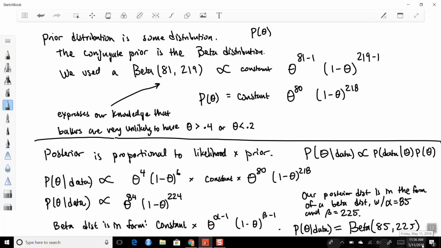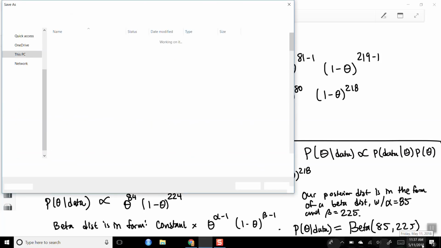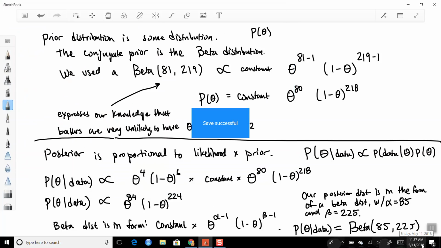Okay? And that will take care of any normalizing constant for us, because we know beta distributions are proper PDFs that integrate to 1, okay? Because once you give the beta distribution its shape parameters, the formula for the constant takes care of whatever is necessary to make it integrate to 1. Okay?